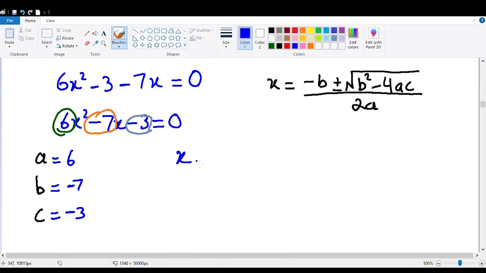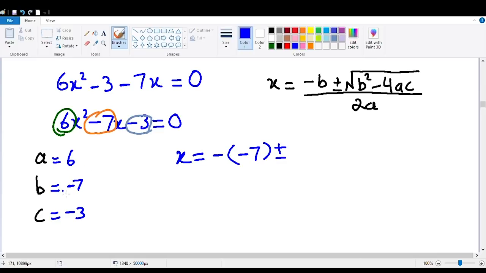So x equals minus from the formula, and then b's value is minus 7. So minus, minus 7, plus minus from the formula, b squared.